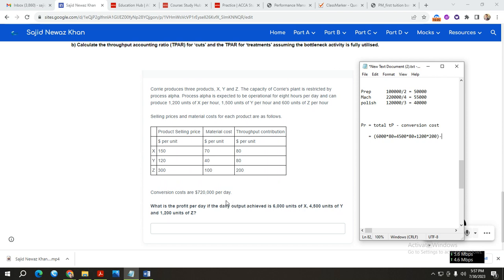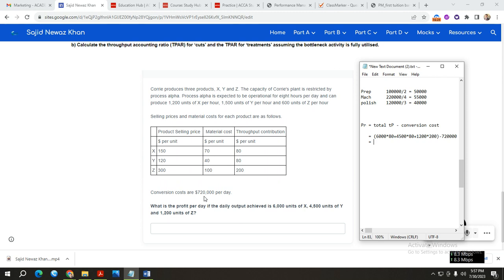My total conversion cost, because it's already given, 720,000. So it's 720,000. So let's do a little bit more. So that's 480 plus 360 plus 240.